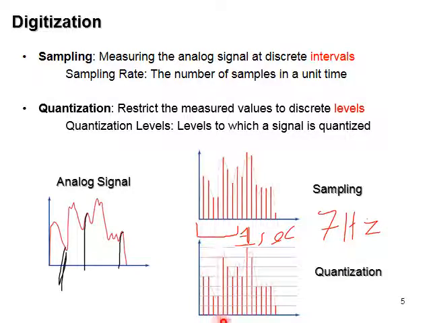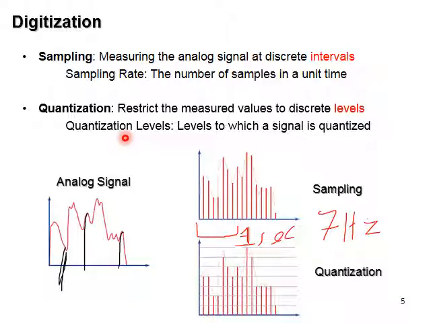For example, the lowest level would be represented with 000, the second one 001, then 010, 011, and so on until 111, which is the highest level. Now, if you increase the number of levels from 8 to 16, this means you need 1 more bit, so 4 bits instead of 3. So as you increase the number of quantization levels, you need more bits to represent each sample, and therefore you will need more storage.